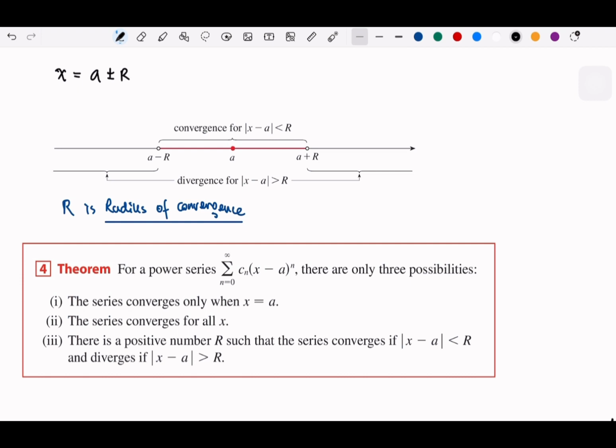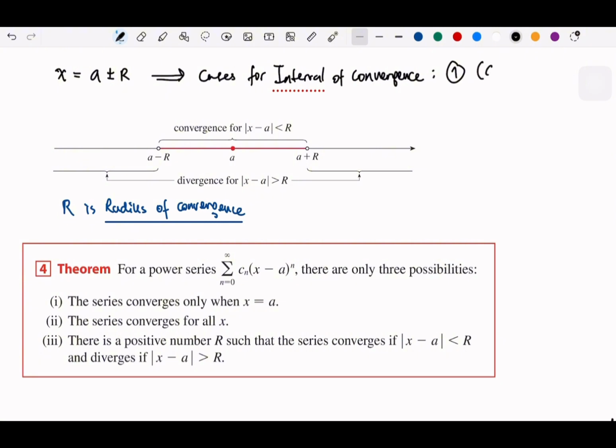So in some cases, we can have the interval cases for the interval of convergence.